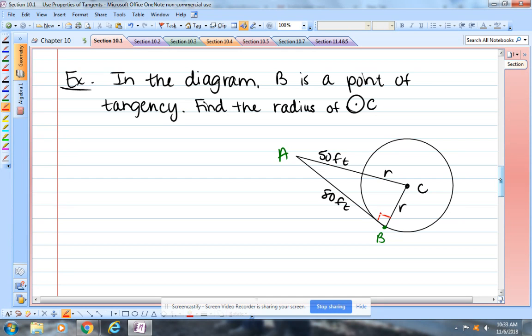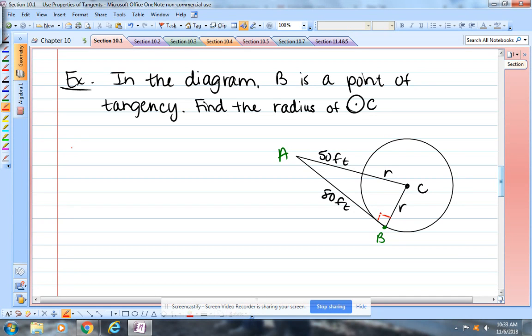Okay? So what is the hypotenuse of this triangle? Across from the right angle, so it's the side AC, right? What's that measure? 50 plus R feet. I don't know R, right? And it isn't just 50, it's 50 plus the radius.